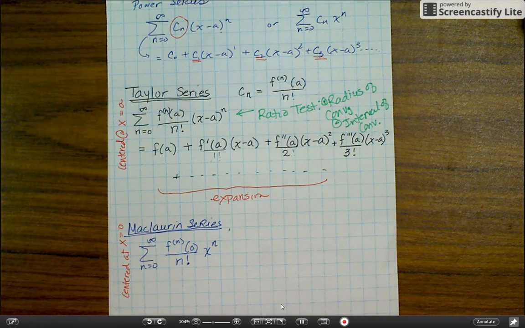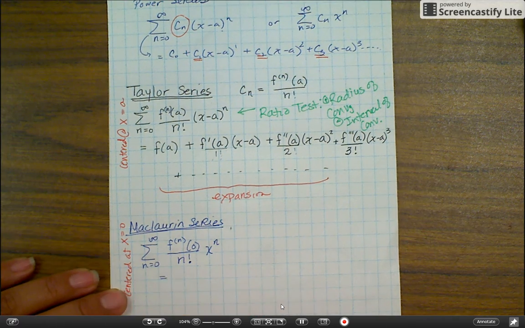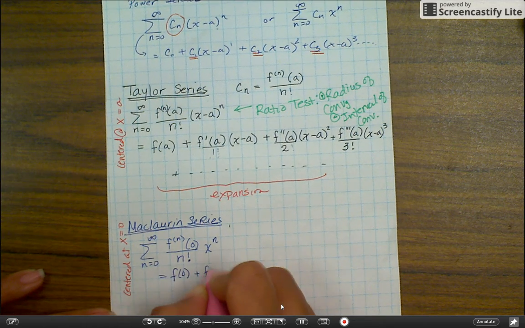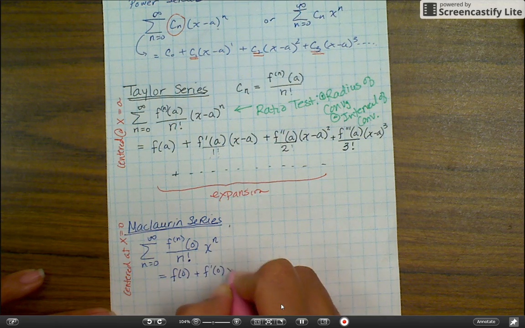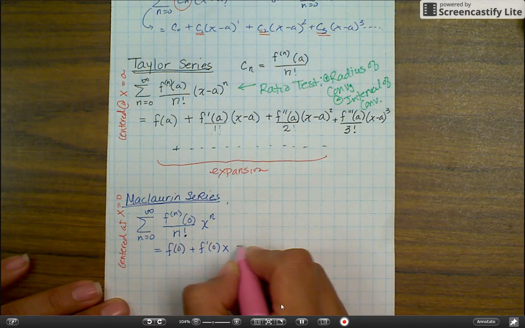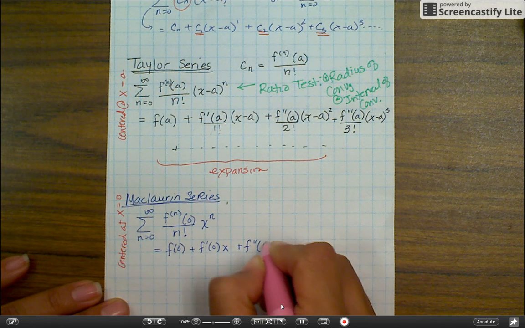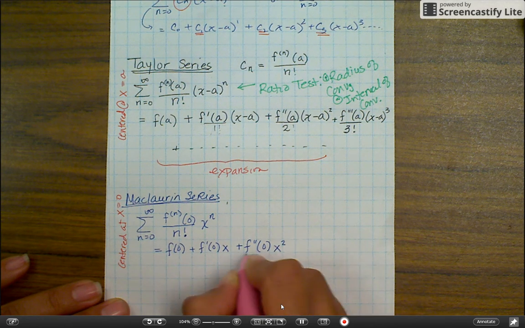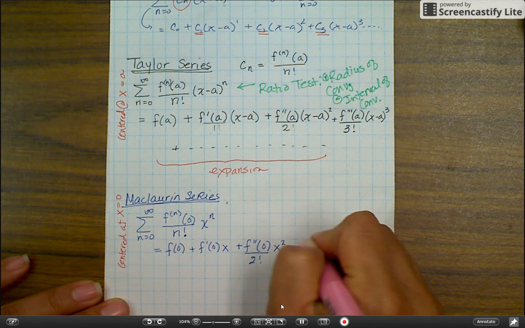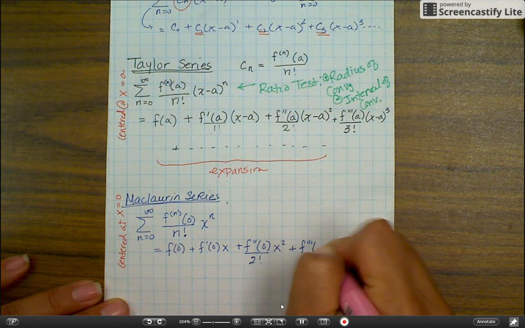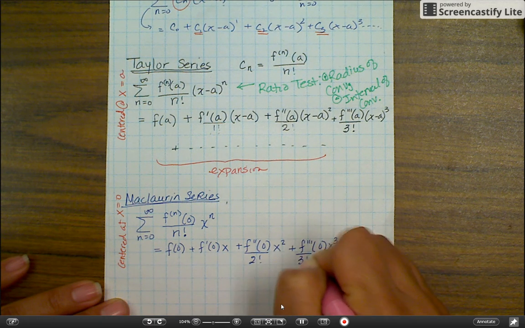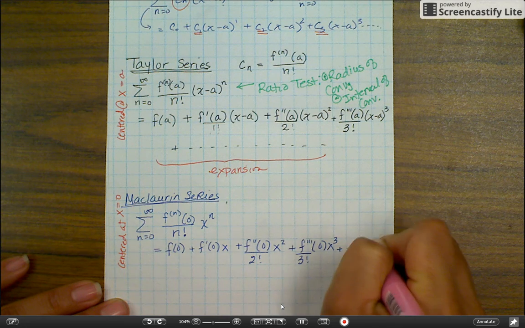So when I do the expansion, what does it look like? It is going to be f of 0 plus f prime of 0 times x to the first power, divided by 1 factorial, plus f double prime of 0 times x to the second power, divided by 2 factorial, plus f triple prime of 0 times x cubed, divided by 3 factorial, plus, and so on and so forth.